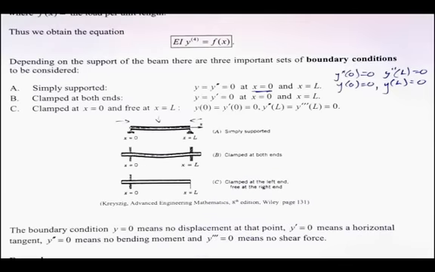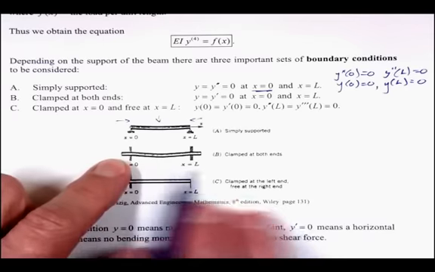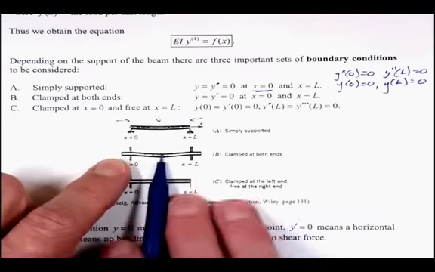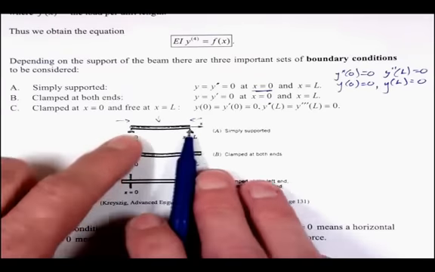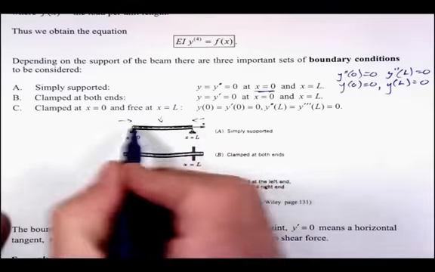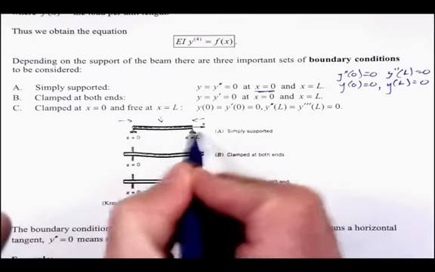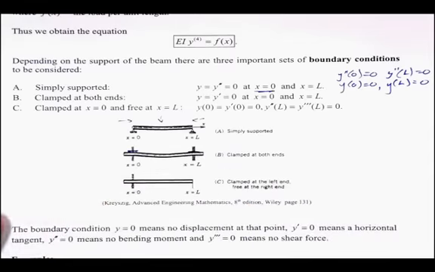Now you can see the difference. If it's clamped at both ends, still the height hasn't changed when you start loading it up here. But what happens to this? You can see here the slope at these ends is actually changing. The more you load it, the bigger the curve becomes. But what happens if it's clamped is that the slope always stays the same at the clamping points.